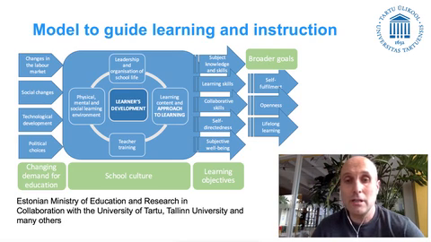In order to achieve those objectives, we saw that the school culture is the one that needs to be changed. It starts from the leadership and organization of school life.